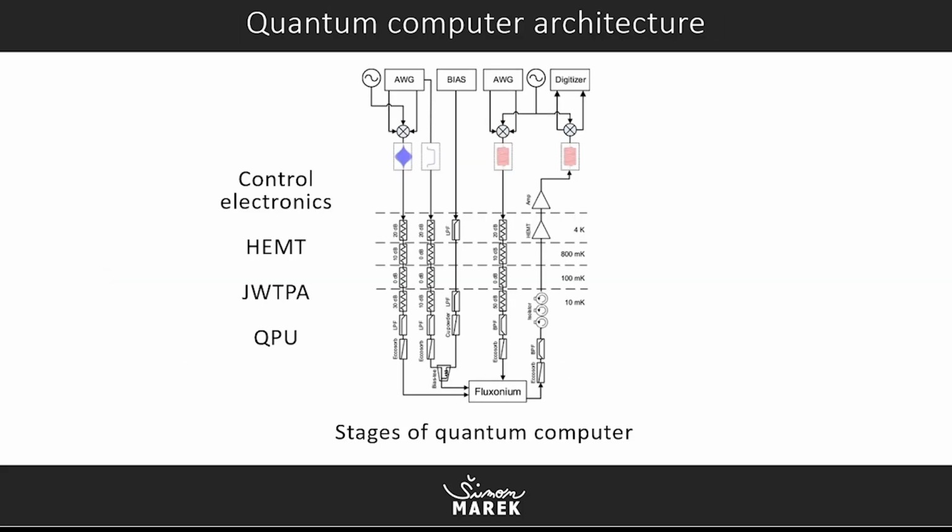So here is the quantum computer architecture. It starts with control electronics, and this is really our area of interest. This is the room temperature control stuff where we actually place our electronics. So this is very interesting.